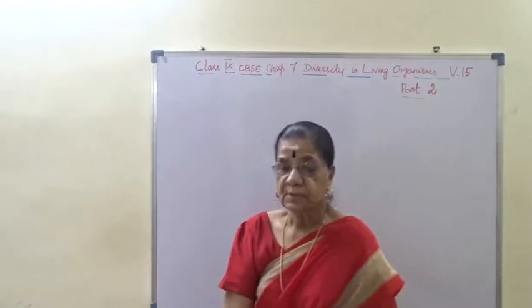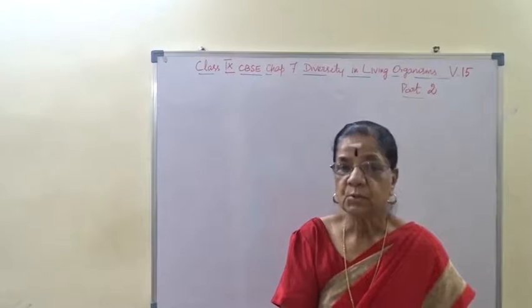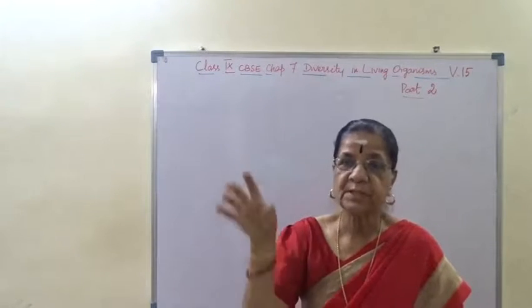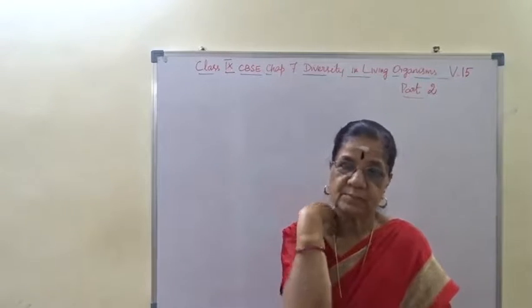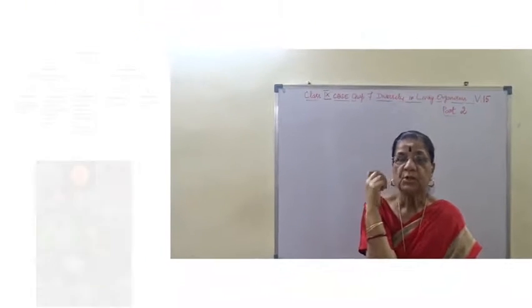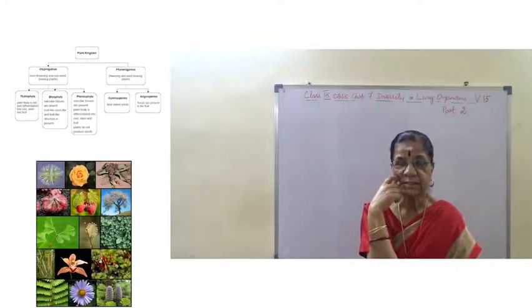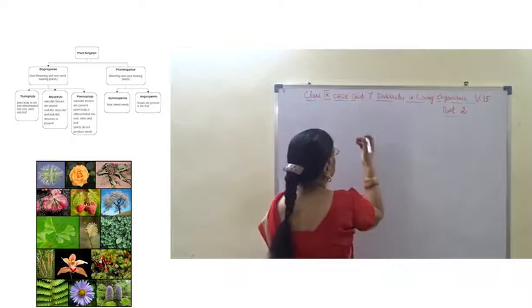The salient features of those we have done, and I have given a question bank also, with comparative salient features of these 5 kingdoms. Are you clear? Today we are going to do kingdom Plantae, the details about kingdom Plantae.